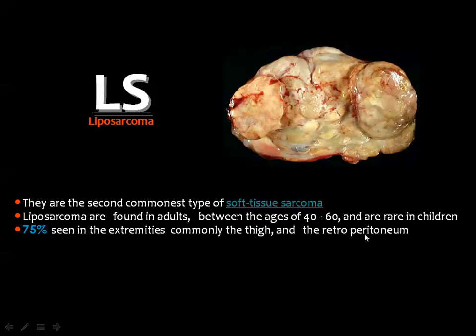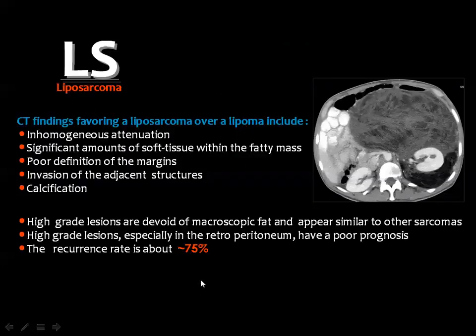And I have mentioned that the two most common locations in the human body for liposarcoma are the thigh and the retroperitoneum.